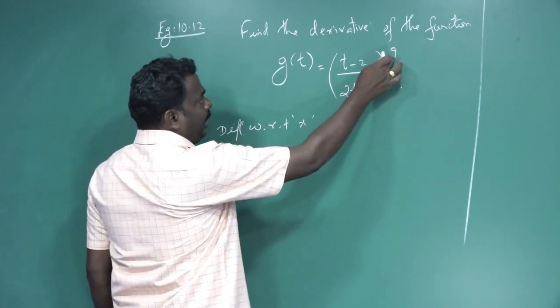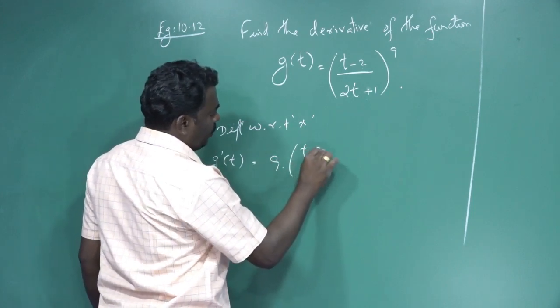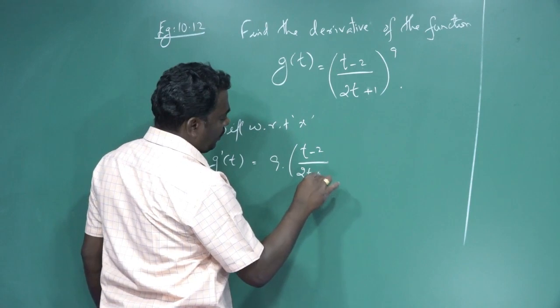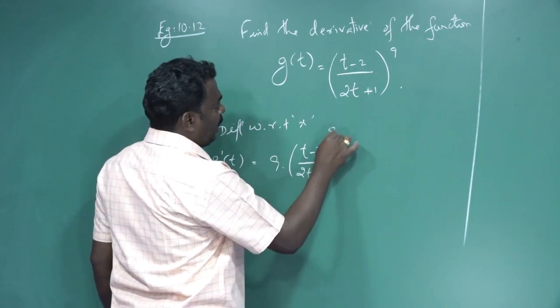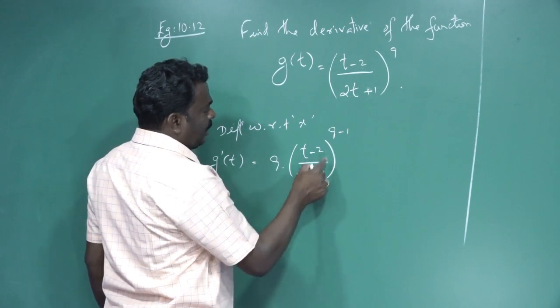Therefore what is n here? It is 9. Therefore it is 9 into (t minus 2 by 2t plus 1) whole power 9 minus 1, n into x power n minus 1.